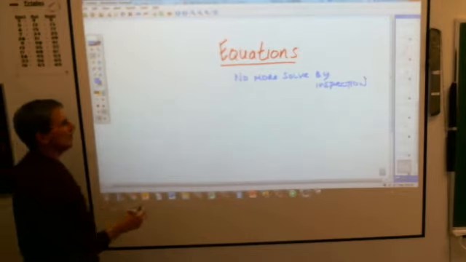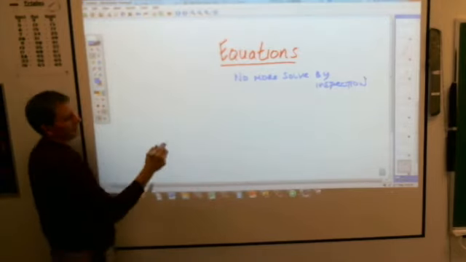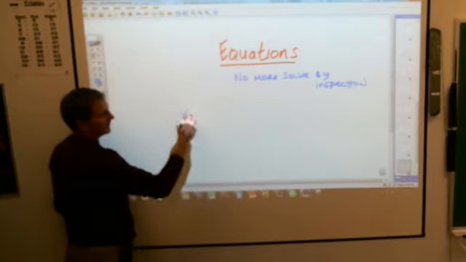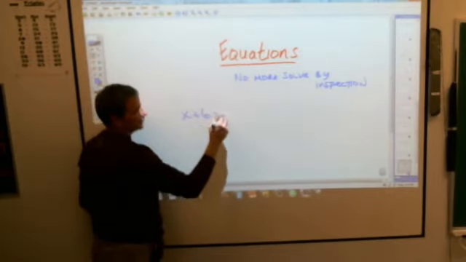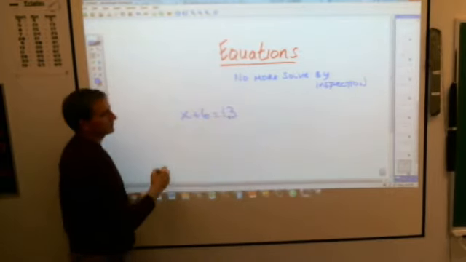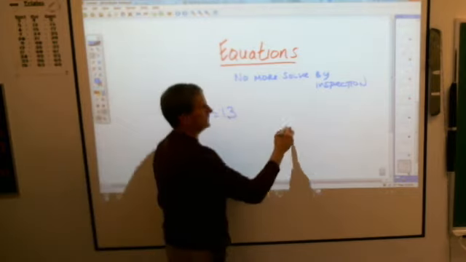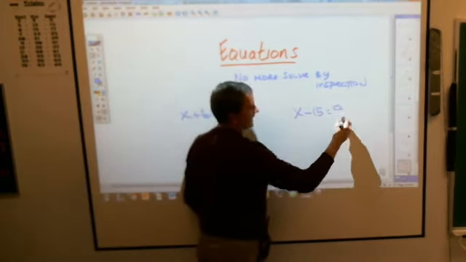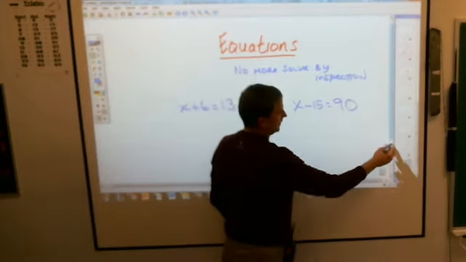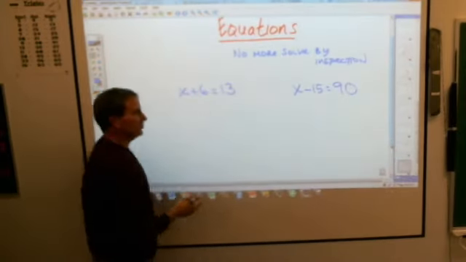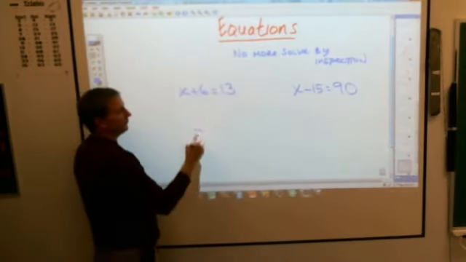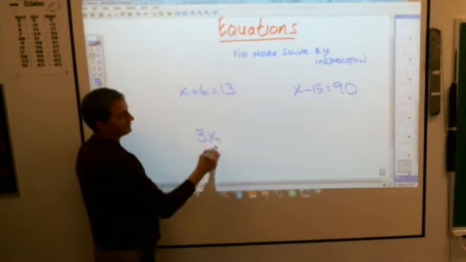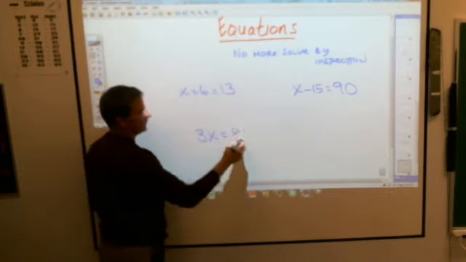One of them is we've got an addition equation, which would simply mean this: x plus 6 equals 13. A subtraction one, which maybe is x minus 15 equals 90. Let's do a multiplication one, which would look like this: 3 times x equals 81.